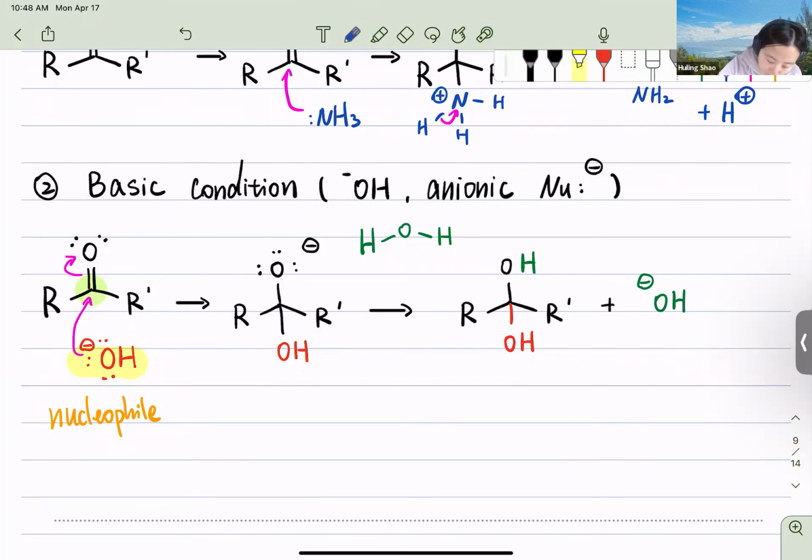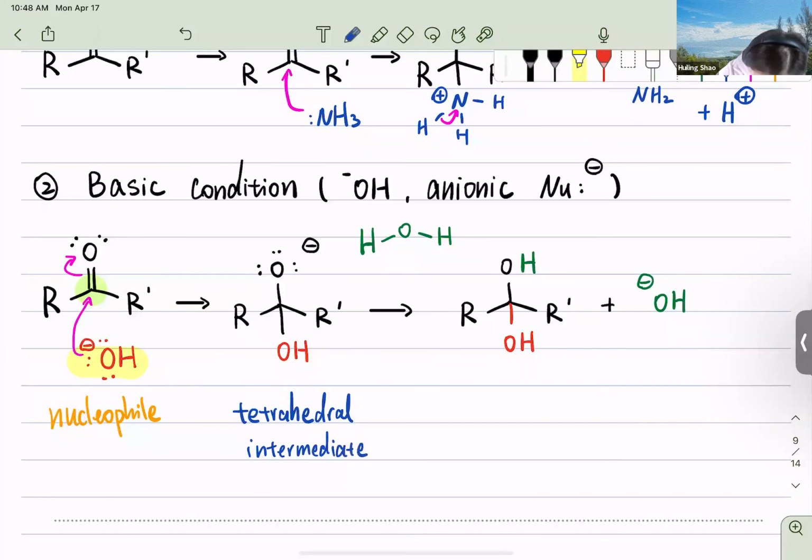Similarly, we're forming our tetrahedral intermediate. In the tetrahedral intermediate, the oxygen-centered anion attacks the hydrogen, and the electrons go onto the oxygen. What we end up with is the product species and the OH minus.